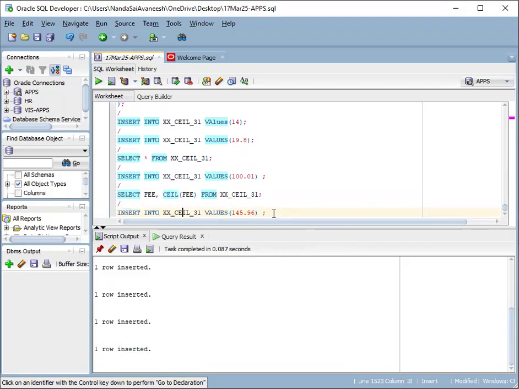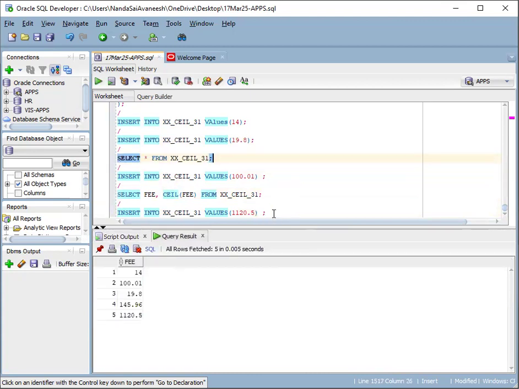In the same way I'll insert one more record, that is 1120.5. So now how many records does the table have? 5 records. I'm using commit also. So 14, 100.01, 19.8, 145.96 and 1120.5 are there. Okay, 5 records are there.